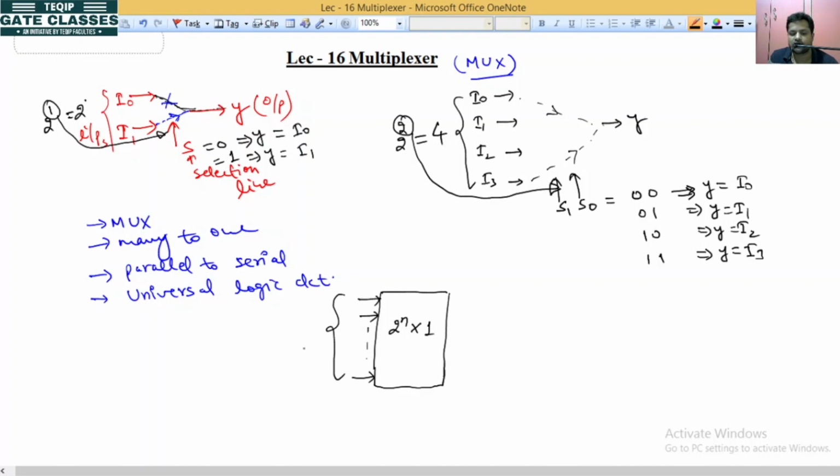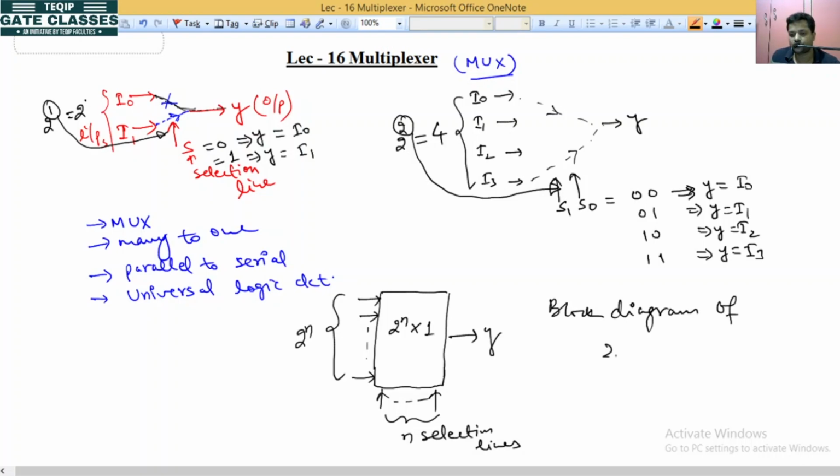It means that if we have 2 to the power n inputs, then there will be n selection lines. And we have how many outputs? Only one output. Okay? So this is the block diagram of a general 2 to the power n cross 1 mux.